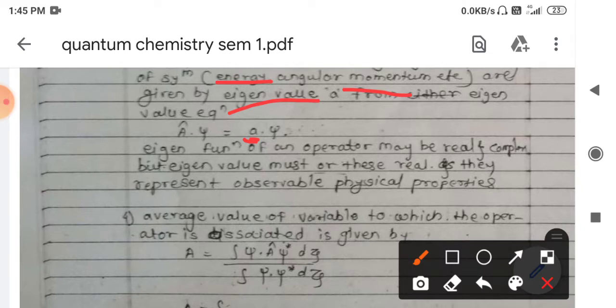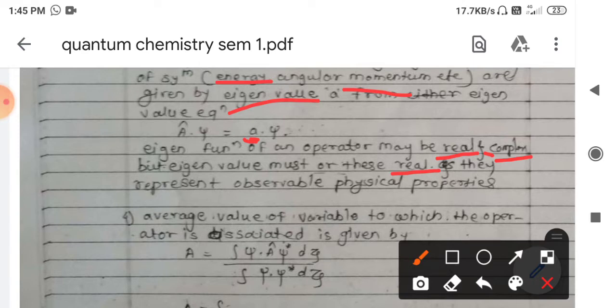The eigenvalues of the eigenfunctions of an operator must be real. Already we have proved this. The eigenfunctions may be real or imaginary, but the eigenvalues must be real.